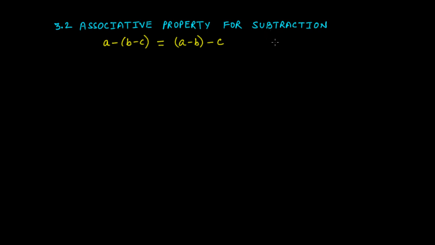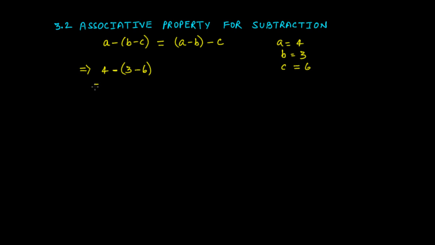So let's assume that you have a equals 4, b equals 3, and c equals, say, 6. For the first one, you have a as 4, minus, then you have 3 minus 6.